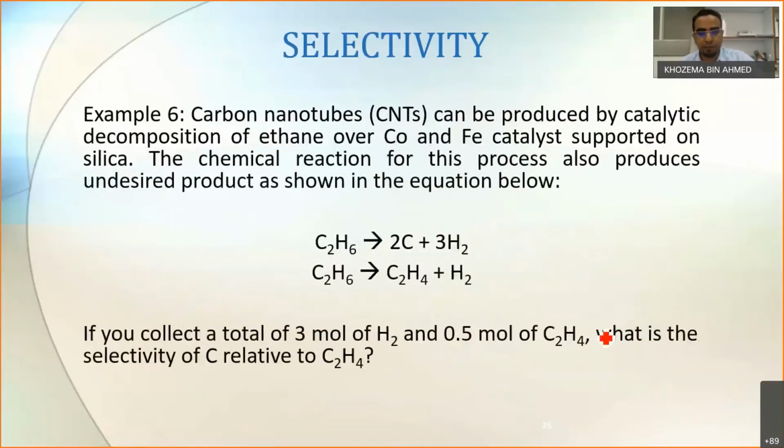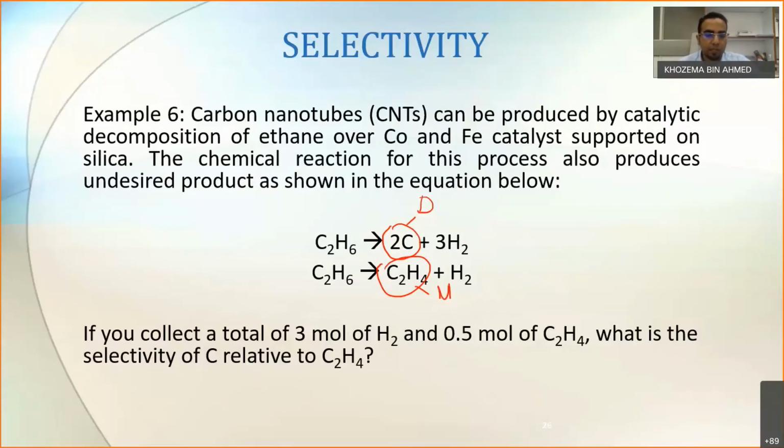So example number 6. This is a process where we produce carbon nanotube, but we also have a competing reaction where your ethane, C2H6, can produce either carbon nanotube, where C here is for carbon nanotube, or ethylene. This is your desired product, and this is your undesired product.